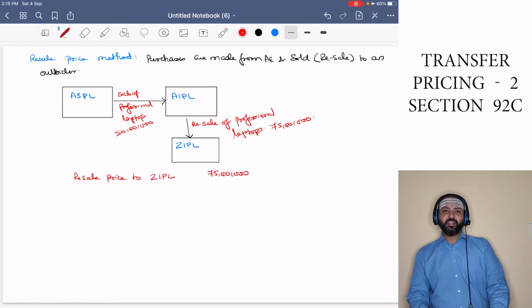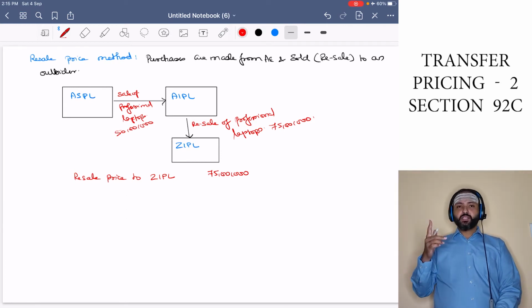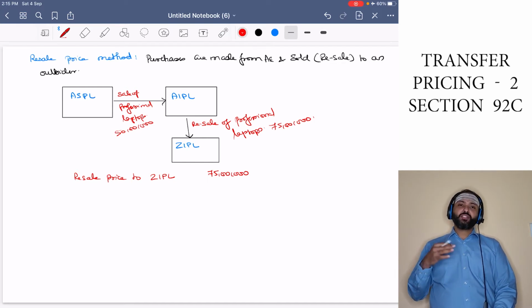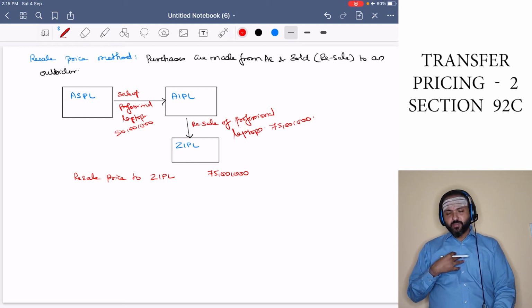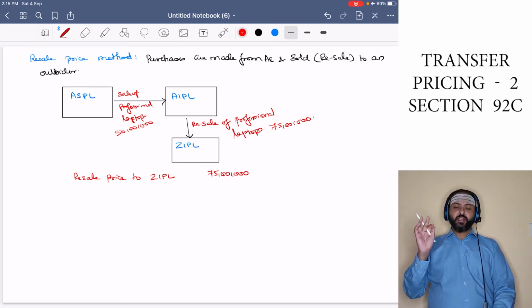Resale price is 75 lakhs. This resale price is to a third party, therefore it is reliable to consider this as an unrelated price. Had I purchased from an unrelated person, what will be my gross margin? 30%, correct? What is the question telling? Had I purchased from an unrelated person and sold it to an unrelated person, my margin will be 30%.